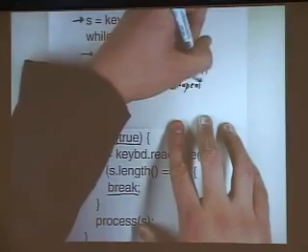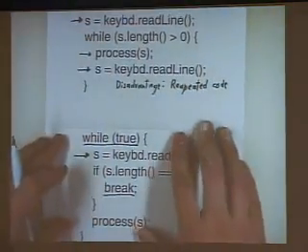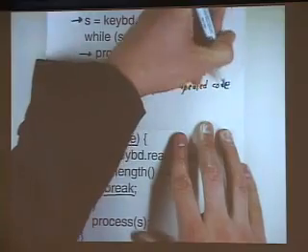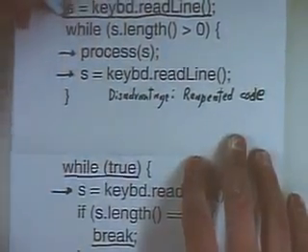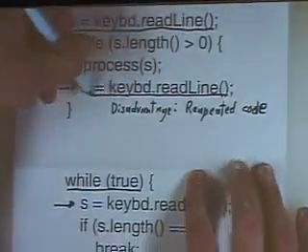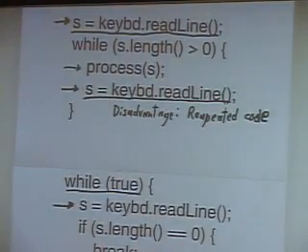So we've got this duplicated code that appears twice. S equals keyboard.readline, S equals keyboard.readline. Why is that bad? Well, in this case where we only have one line of code that we're duplicating, it's not that bad.